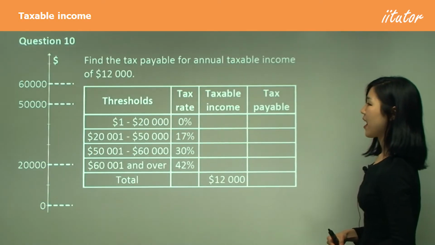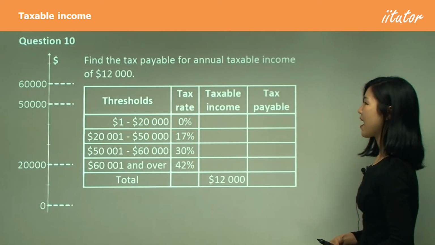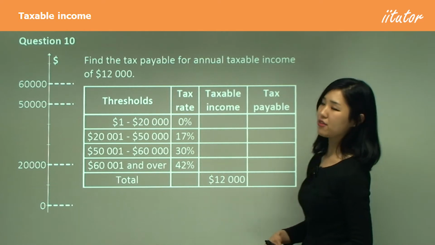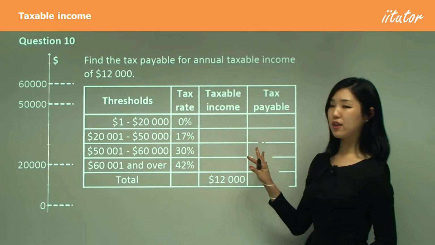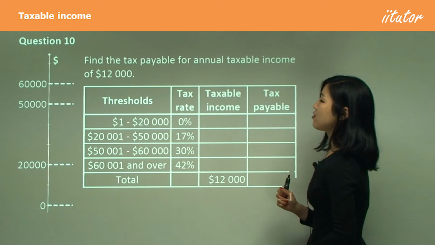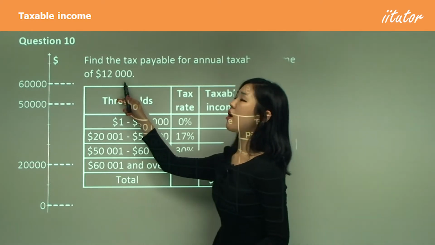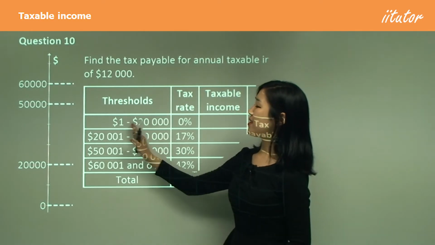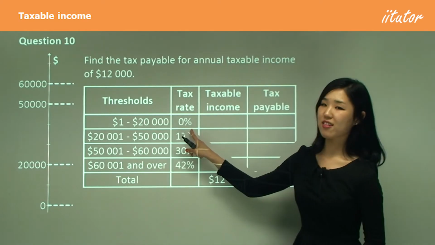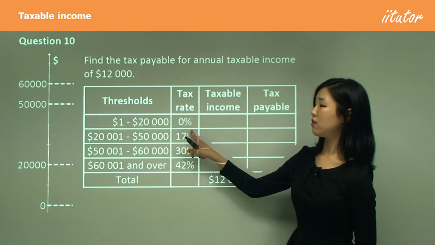Question 10. Okay, find the tax payable for annual taxable income of $12,000. Watch very carefully here, guys. This is a little table that you need to follow. Someone gets an annual taxable income of $12,000. That's their taxable income. For the first $20,000, we don't calculate any tax at all, $0.